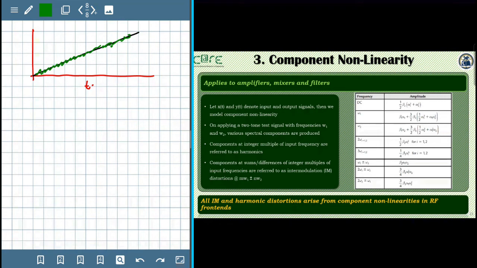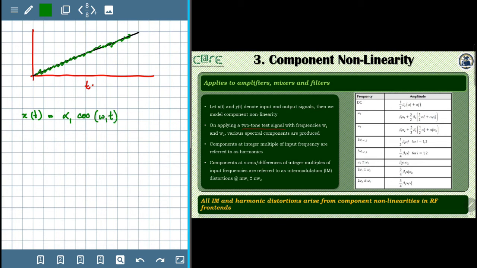To understand why they happen, it's useful to consider a test signal that has at least two carrier frequency components, and for that purpose we typically consider a two-tone test signal that can be written as x(t) = alpha 1 cosine(omega 1 t) + alpha 2 cosine(omega 2 t). So this test signal has two carrier frequencies, omega 1 and omega 2, and alpha 1 and alpha 2 control the relative amplitude of the two component carriers.